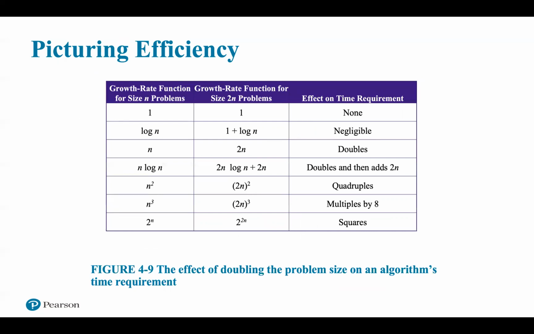We can also start to look at efficiency, the effect of doubling the problem size on an algorithm's time requirement. Here we're seeing how that starts to play out based on different types of things that we could be doing.